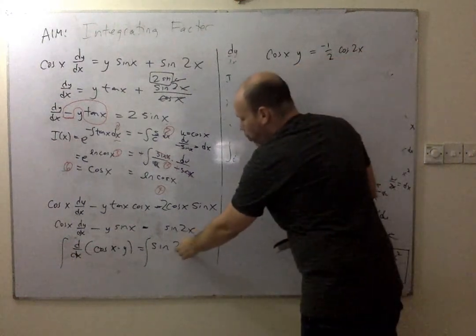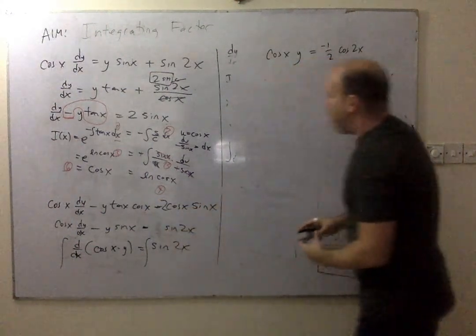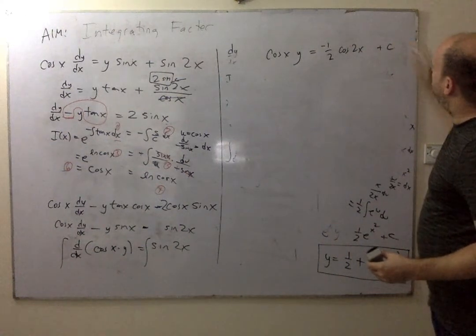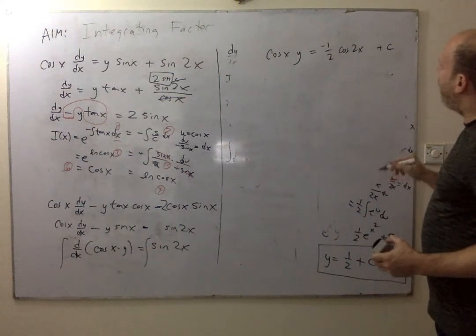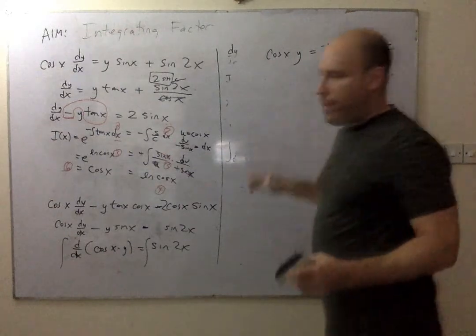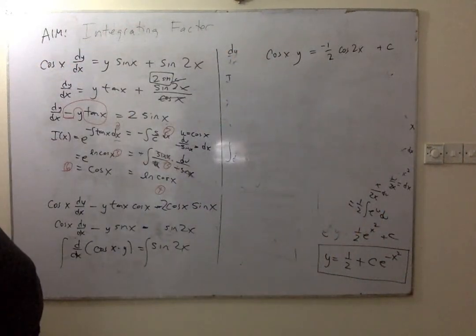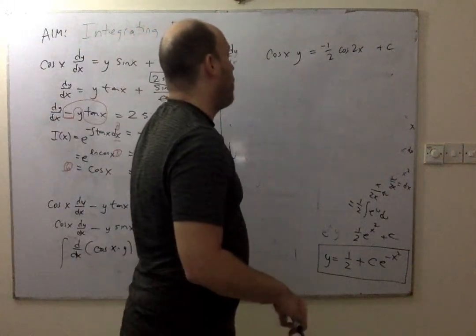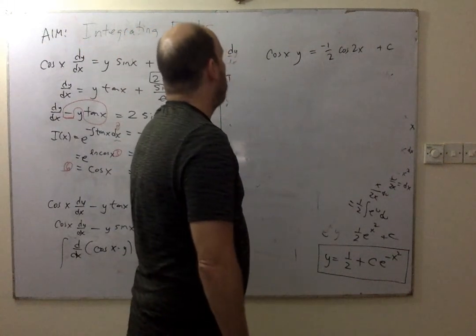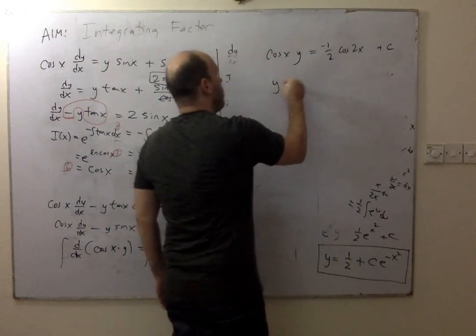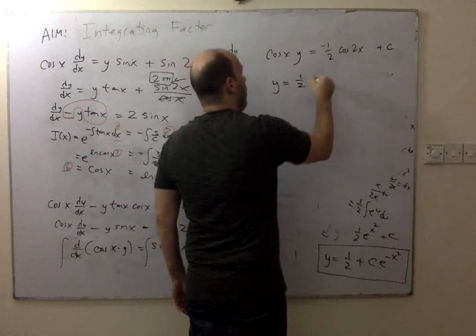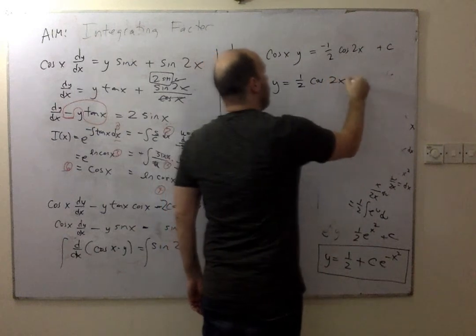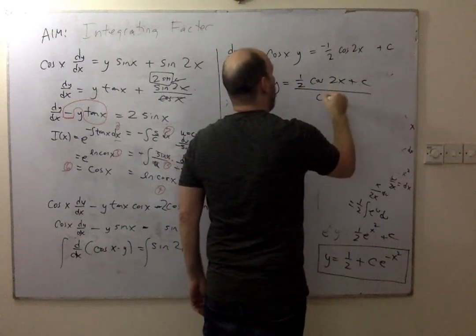We remember the whole u substitution, so that 2 is going in the denominator, and we have the plus c, right? And then a final answer. What is the final answer? That's it. y is equal to 1/2 cosine 2x plus c all over cosine of x.